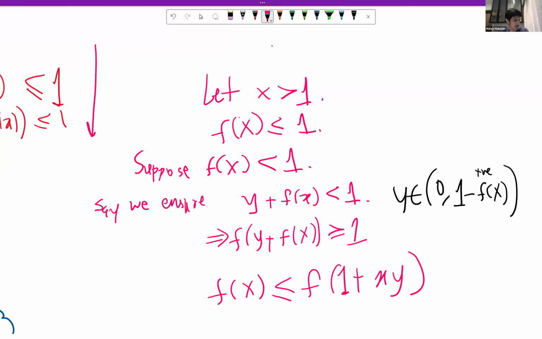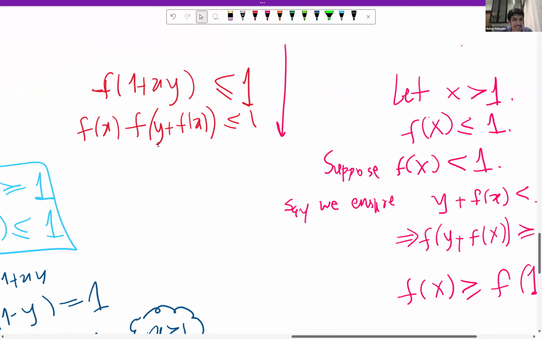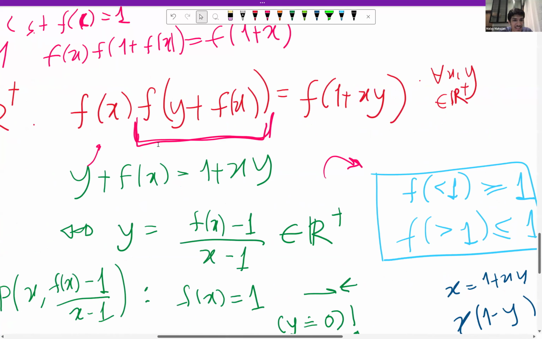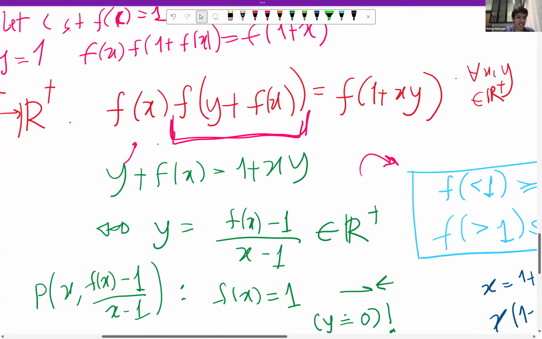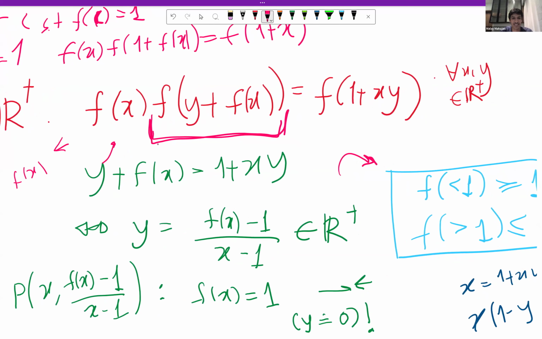No, wait, I think the other way around. It should be greater, I think. Yeah, it's the other way around. No, it's less than or equal. Wait, arithmetic is hard. This thing is at least 1, so this thing is at least f(x). Yeah, it's the other way.